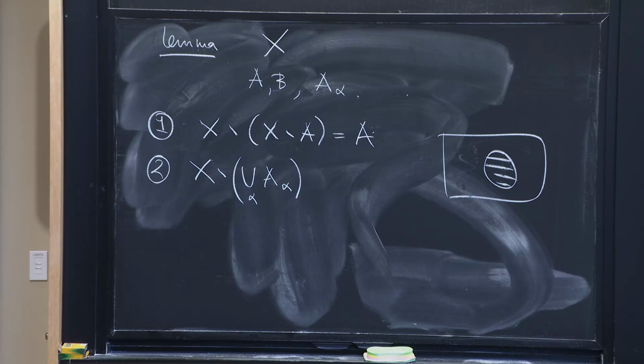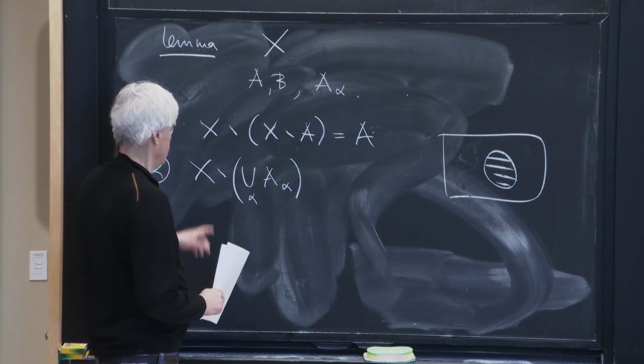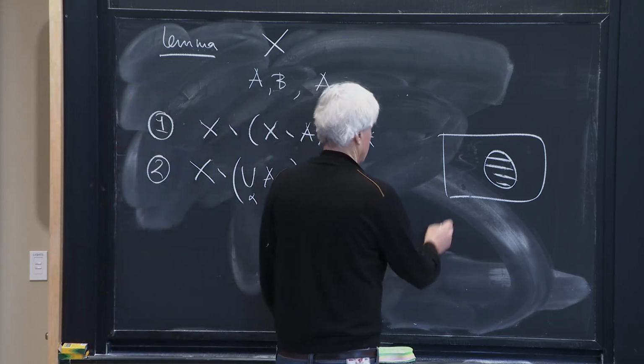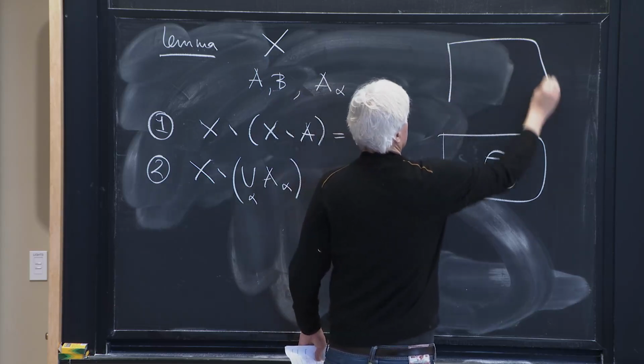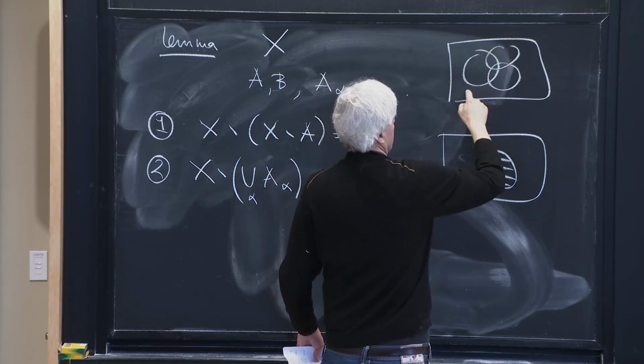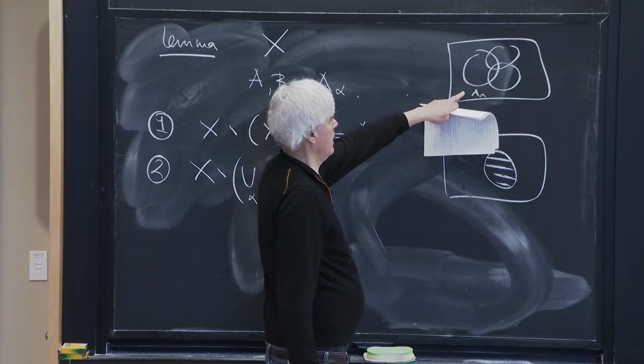So if it's not, this just means that it's not in any of these, right? This here is the set. Imagine that you have a bunch of sets like this. This is supposed to illustrate the A alphas.